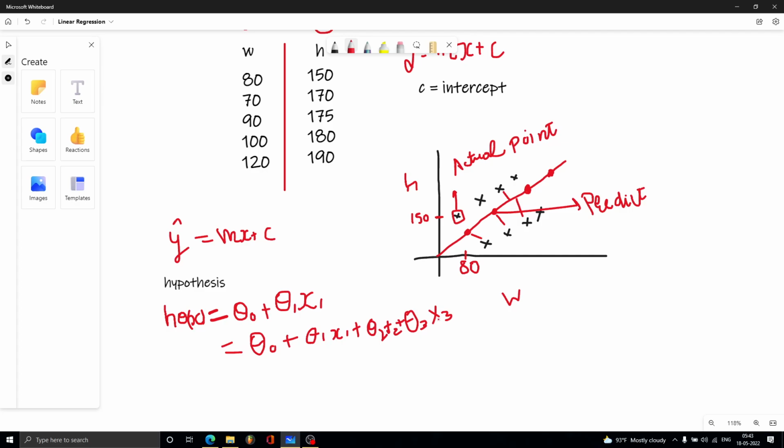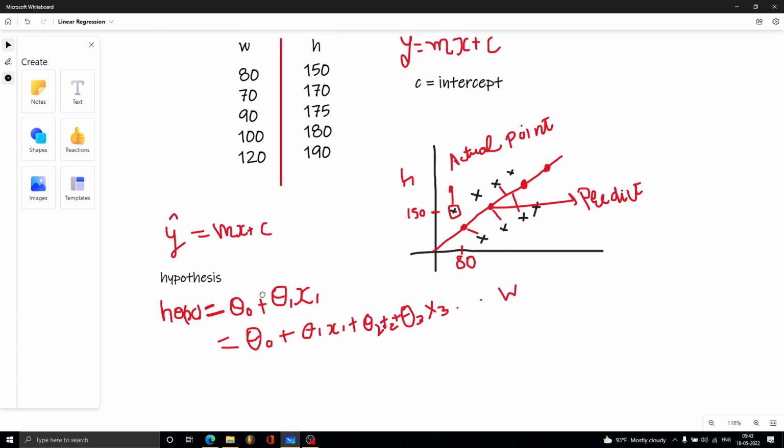Hope you got it. So basically theta 1 x1, theta 2 x2, theta 3 x3, all these will have these types of values, till theta n xn. Simple.